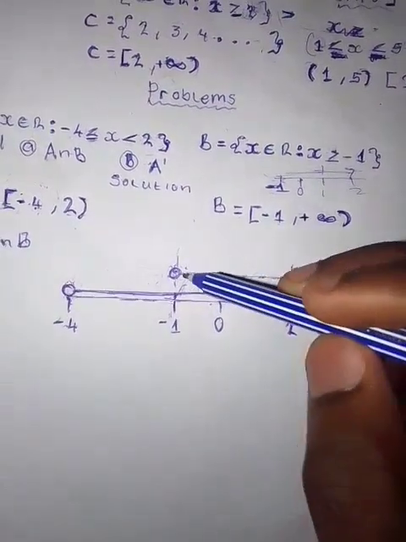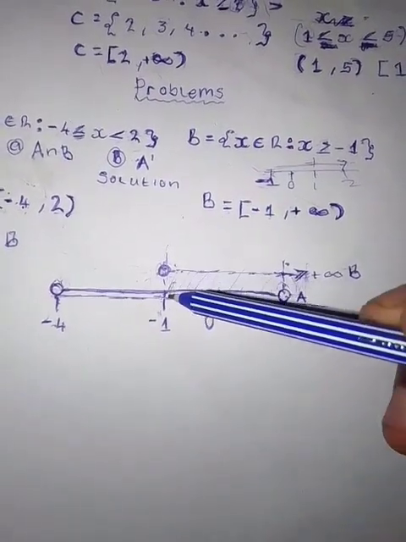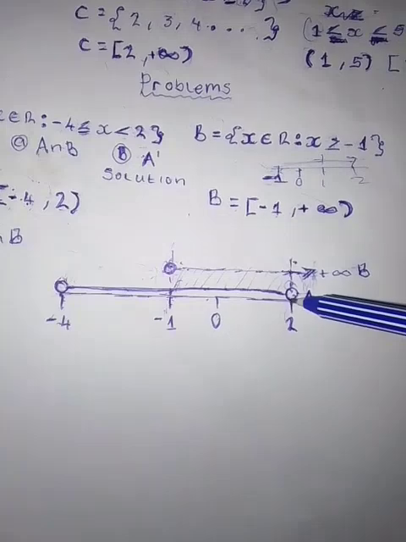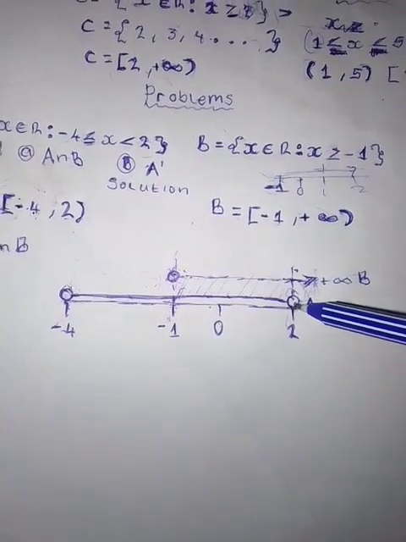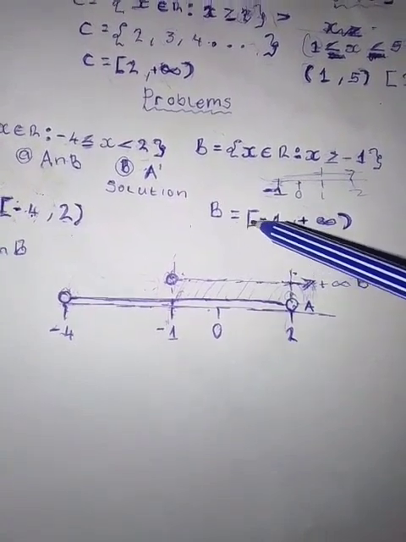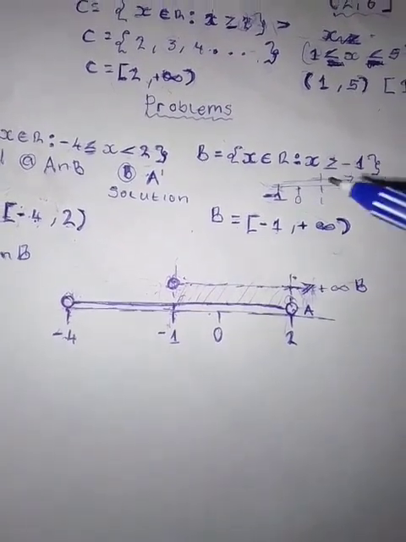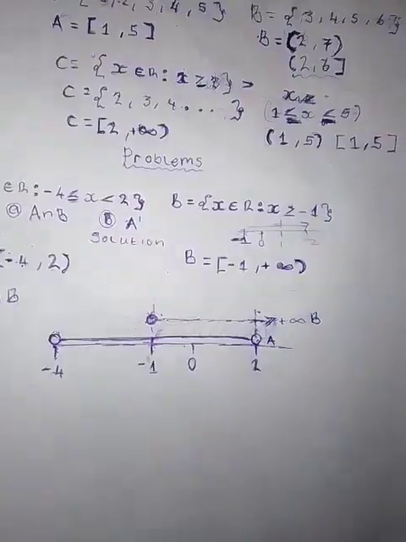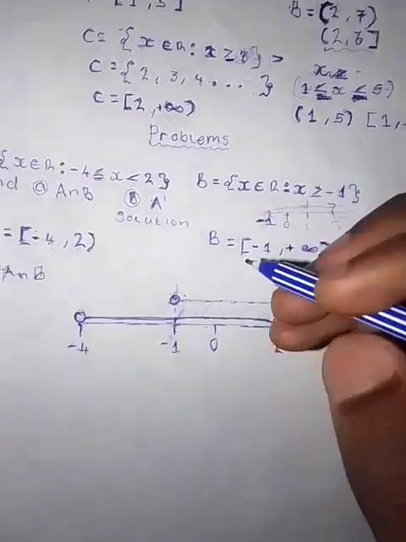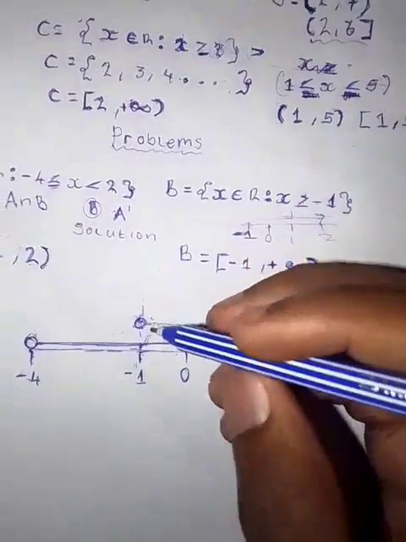This bubble will tell us whether the number at a certain point, for example this point or this point, is part of the set, or whether that number is accompanied by a square bracket or a parenthesis. If the number is part of the set, or accompanied by a square bracket, it should be shaded.